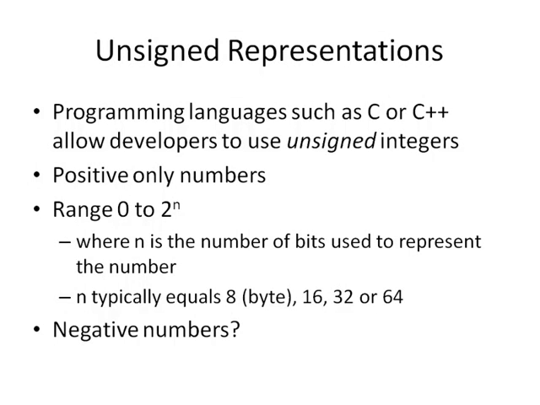So unsigned representations, and you can use these in many programming languages such as C or C++, allow you to use binary values to represent positive numbers. So you actually have a range of 0 to 2^n, it's actually 0 to 2^n minus 1. So that's another small typo, where n is the number of bits used to represent the number.